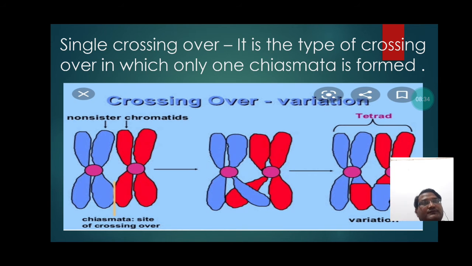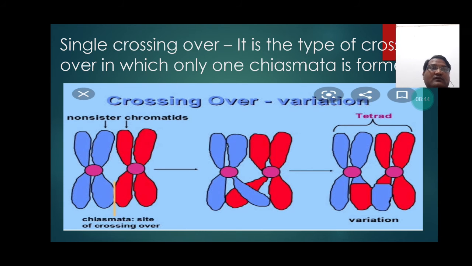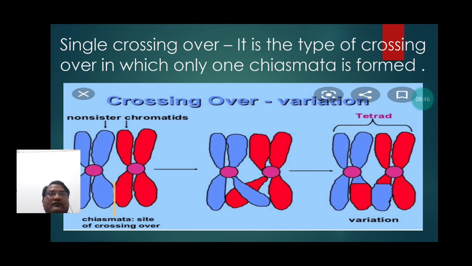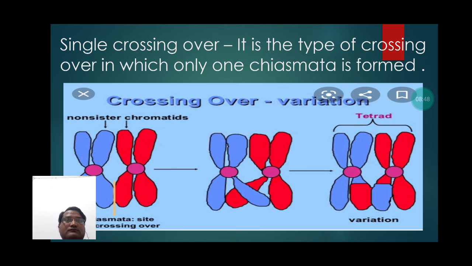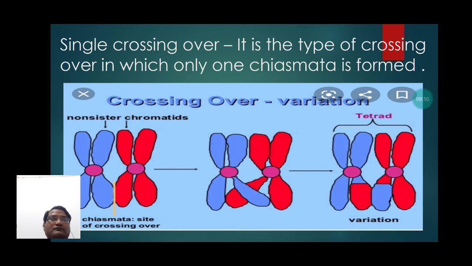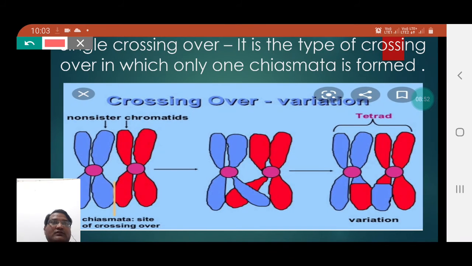Single crossing over. It is a type of crossing over in which only one chiasma is produced. Here we can notice that there are two non-sister chromatids, one red and the other grey.